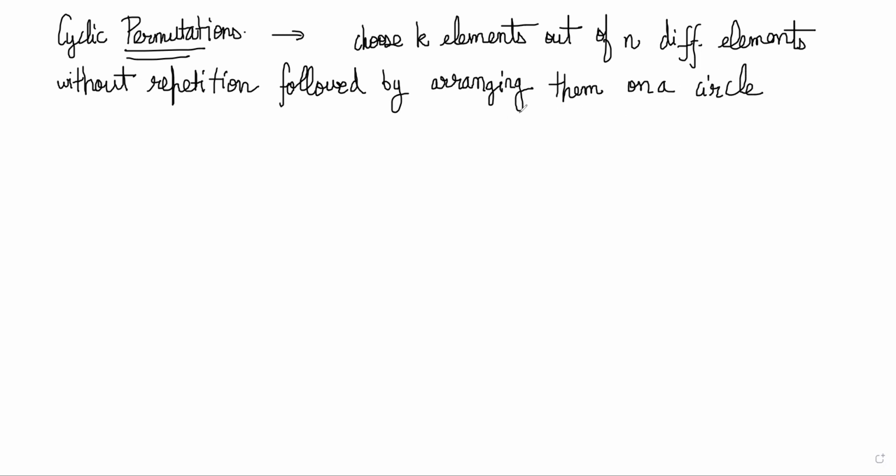So this whole process of choosing k out of the n different elements without repetition and then arranging them on a circle is called a k-cyclic permutation. K-cyclic permutation of n different elements.